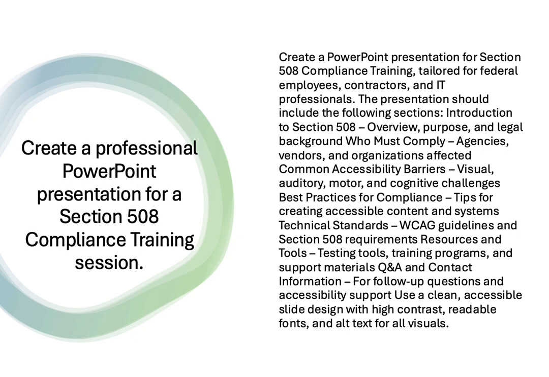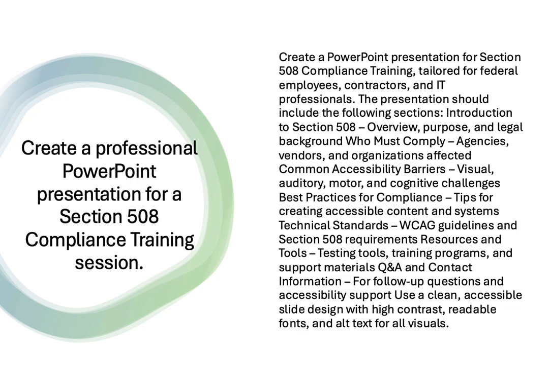What I want my prompt to contain is: create a presentation on Section 508 compliance training tailored for federal agencies and contractors, including an introduction to 508, who must comply, common accessibility barriers, best practices of compliance, technical standards, resources and tools, a Q&A section, a contact information slide, and some follow-up.